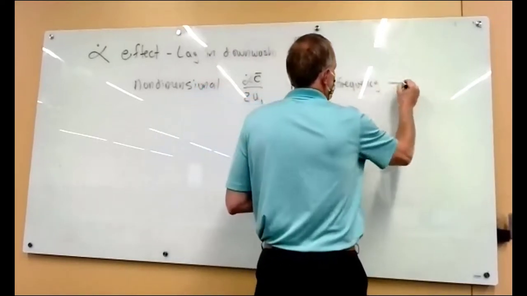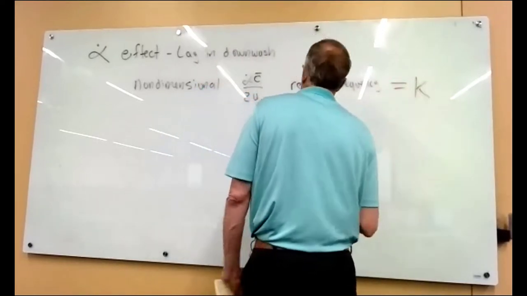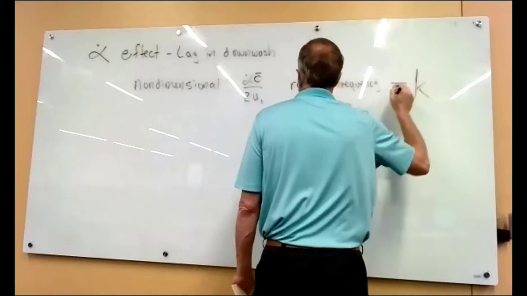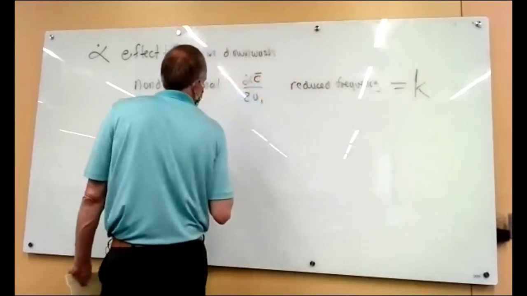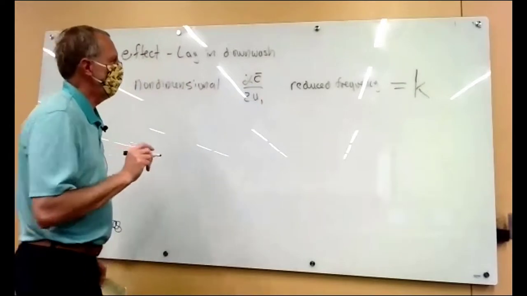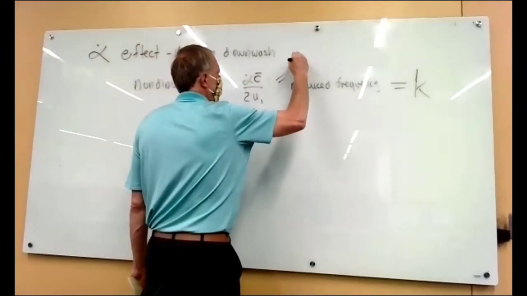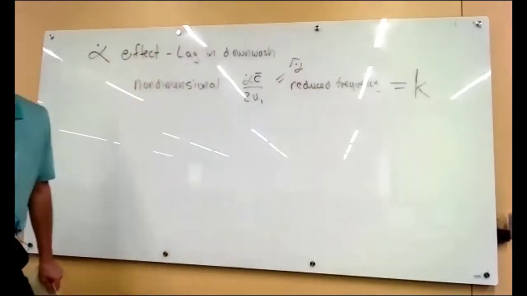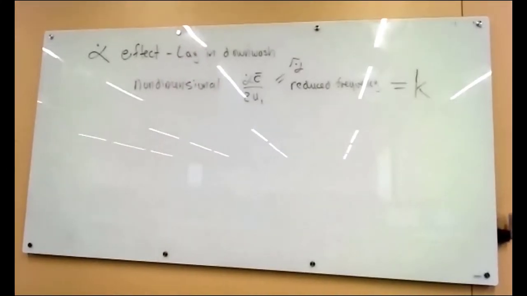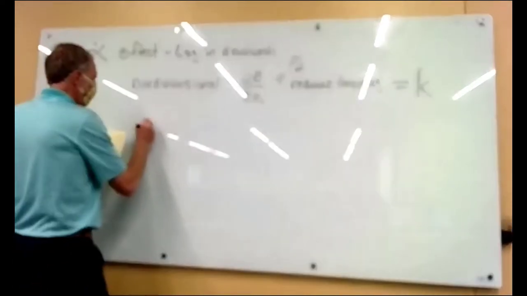Sometimes it's called K, lowercase k. Typically in flight dynamics, people call this alpha dot hat, so that you know it's not alpha dot, it's this combination of variables. It's used in aeroelasticity.